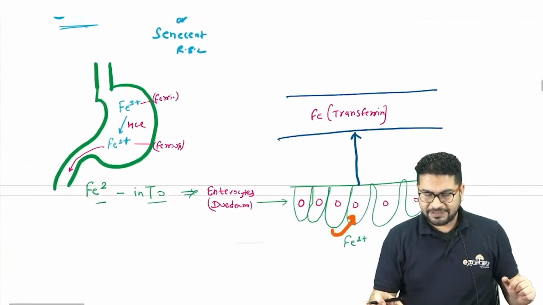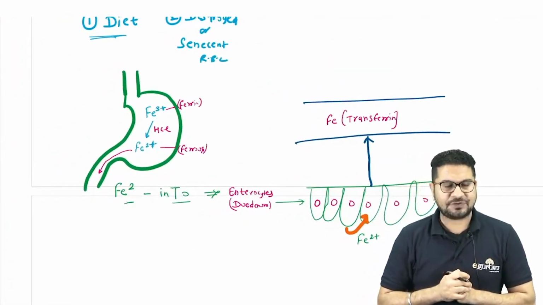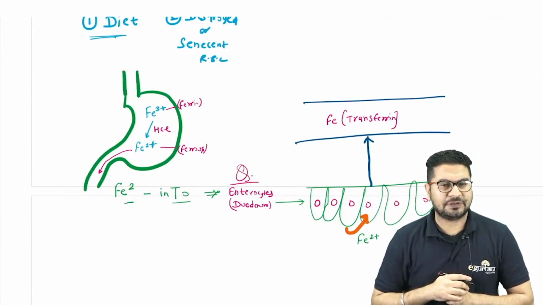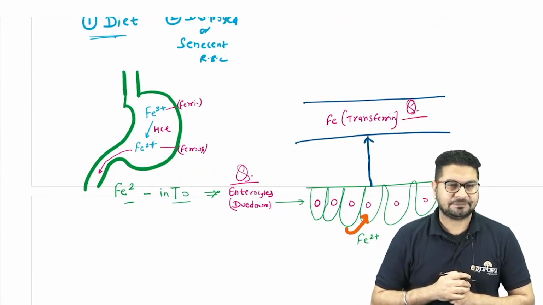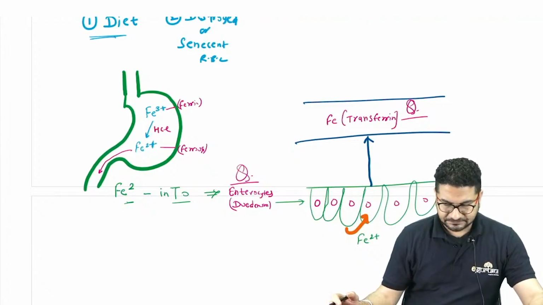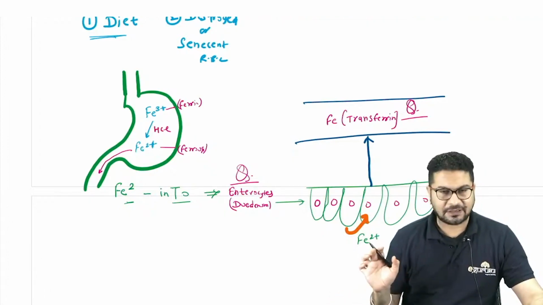A few questions: iron absorption occurs in the duodenum. The transport form of iron in the blood vessel is transferrin. Clear? The transport form of iron is called transferrin.